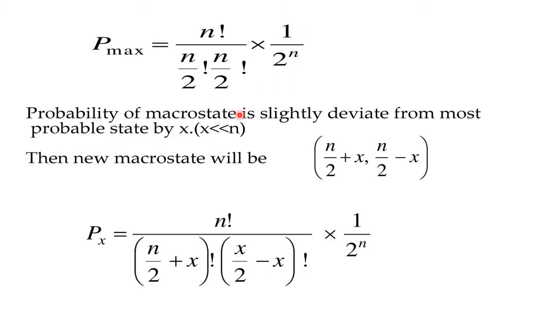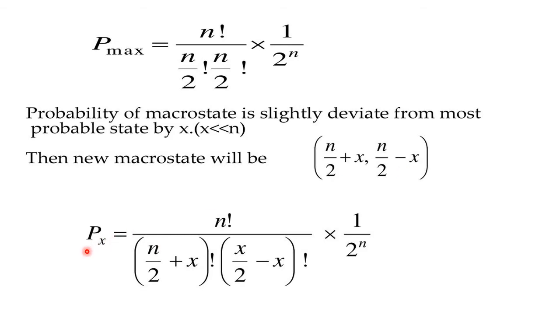So let us deviate this most probable state by some factor. For example, the macrostate slightly deviates from the most probable state by x, where x is much less compared to n. The new macrostate will be (n/2 plus x, n/2 minus x), meaning we have deviated the first compartment by plus x and the second by minus x.